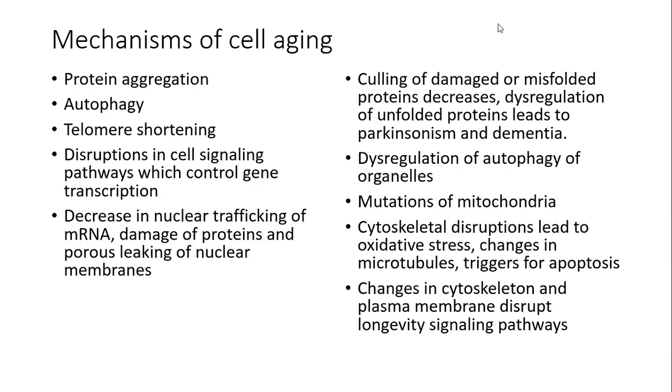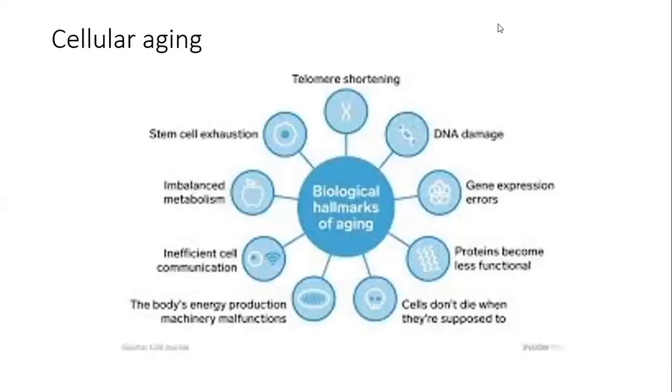So there actually are signaling pathways which tell the cell to continue to live, and those get messed up. So, that is not a very good picture, but that is an image of some of the things that happen with cellular aging that we just talked about.